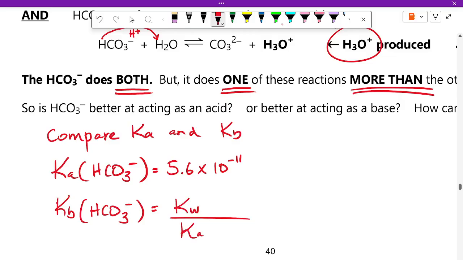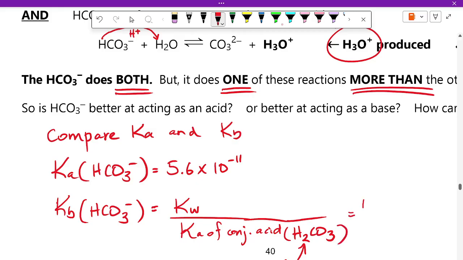Yeah, and this is one of the places where it's really important that you use the Ka of the conjugate acid, because it's so tempting to be like, oh, I've got Ka already. Wouldn't it be nice to just toss that Ka down on the bottom there? Because I've already looked it up, but that would be wrong because it has to be the Ka of H2CO3.